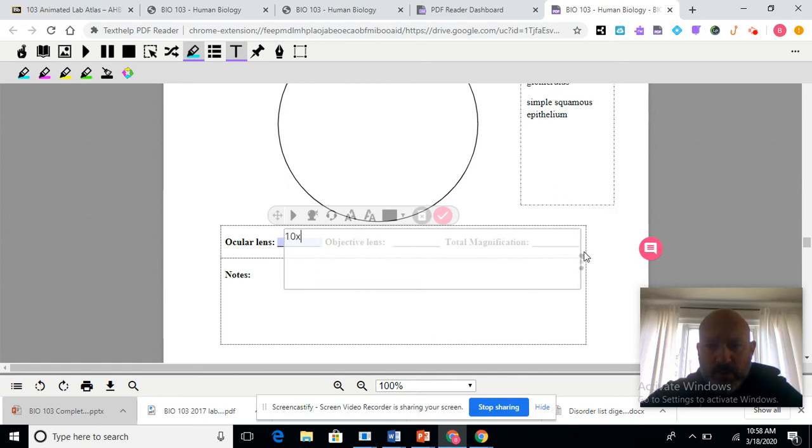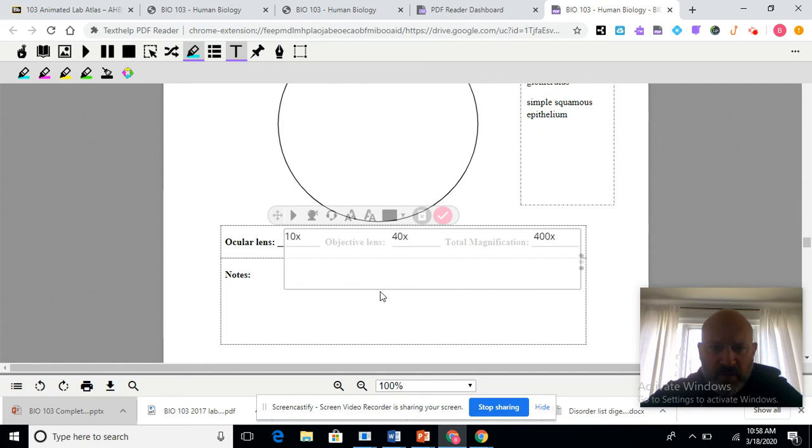So the ocular is 10x, the objective lens 40x, and the total magnification is 400x. Right?